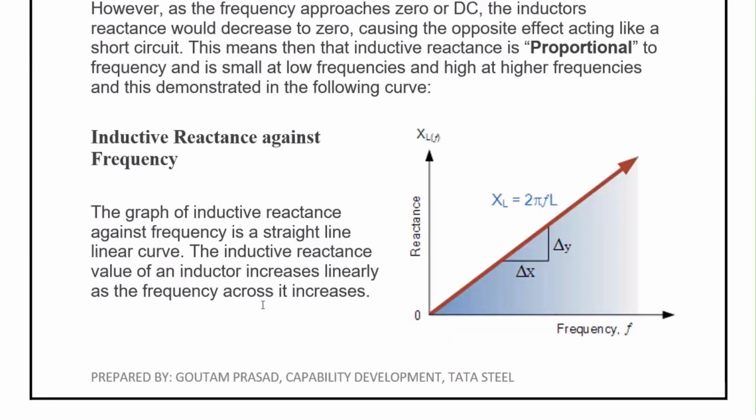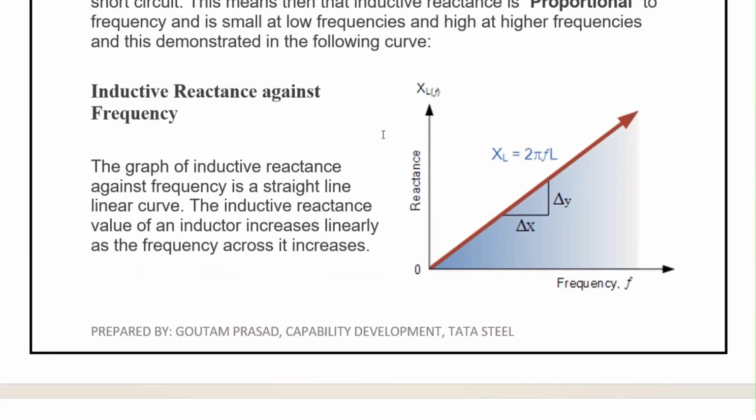Now let us plot inductive reactance against the frequency. On the x-axis, we have taken frequency. On the y-axis, we have taken reactance, that is inductive reactance. As you know, XL equal to 2 pi FL. So this XL is directly proportional to the frequency. So this relationship is linear.